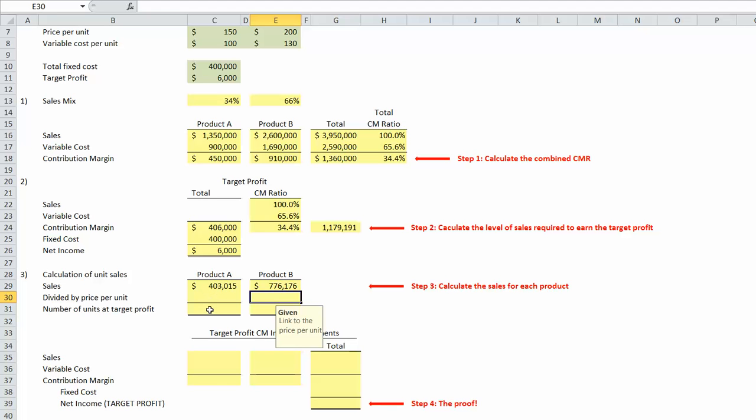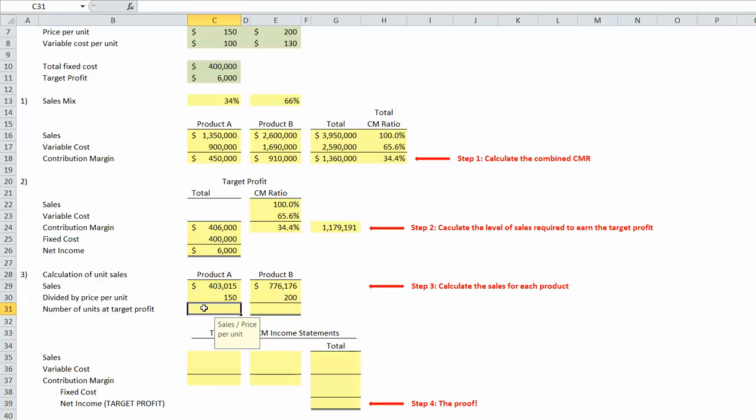If we wanted to calculate the number of units, we would simply take our sales in dollars divided by the unit price. And again, we're selling product A for $150 and product B is being sold for $200.